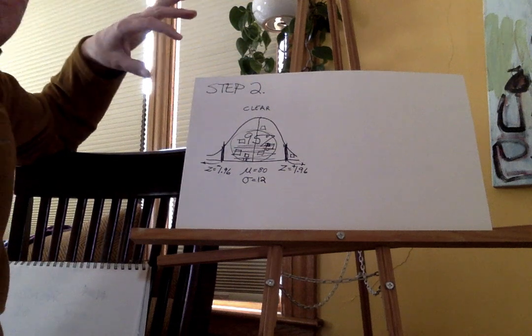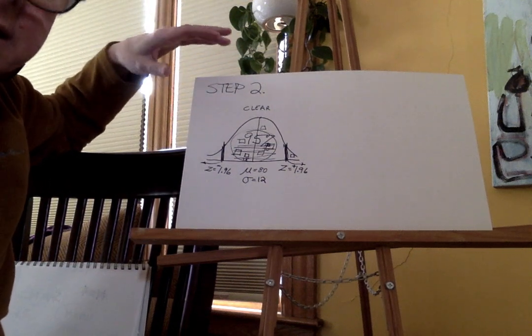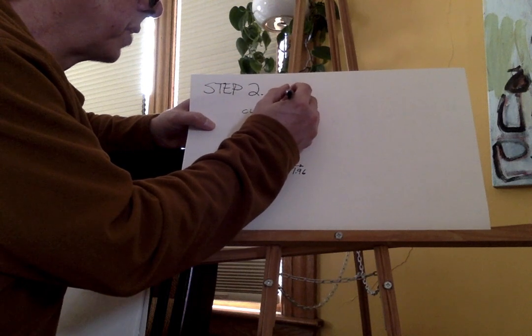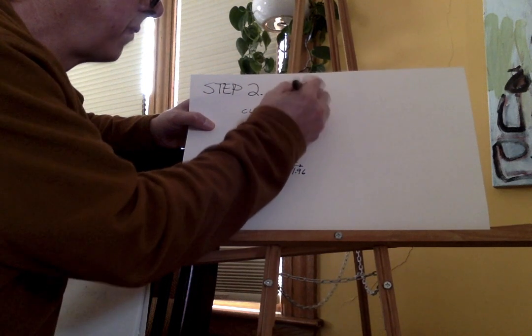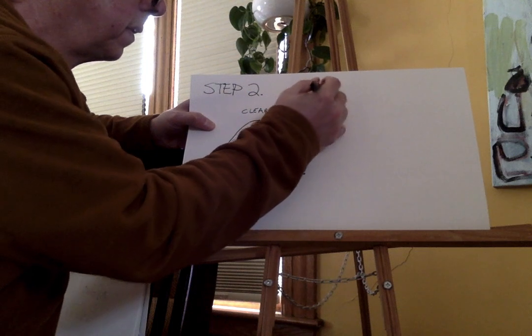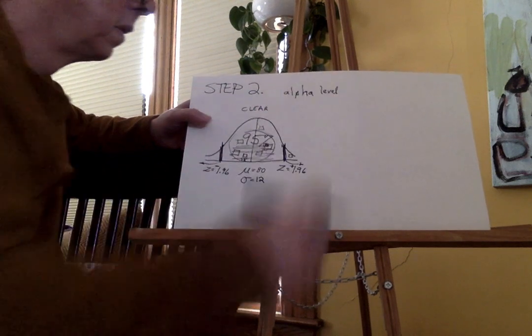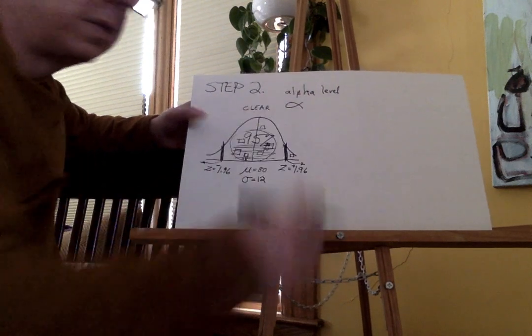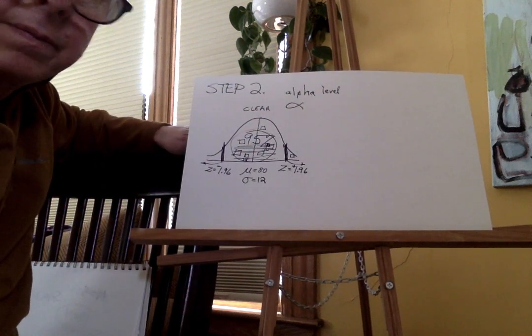So step 2 is referred to as setting the criteria. And what we're going to do is use an alpha, it's called an alpha level. Alpha is this symbol, like a fish, okay?